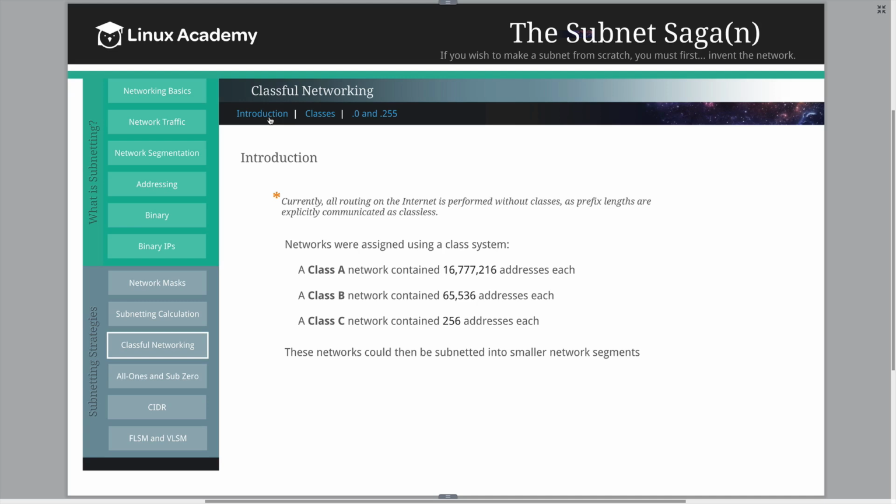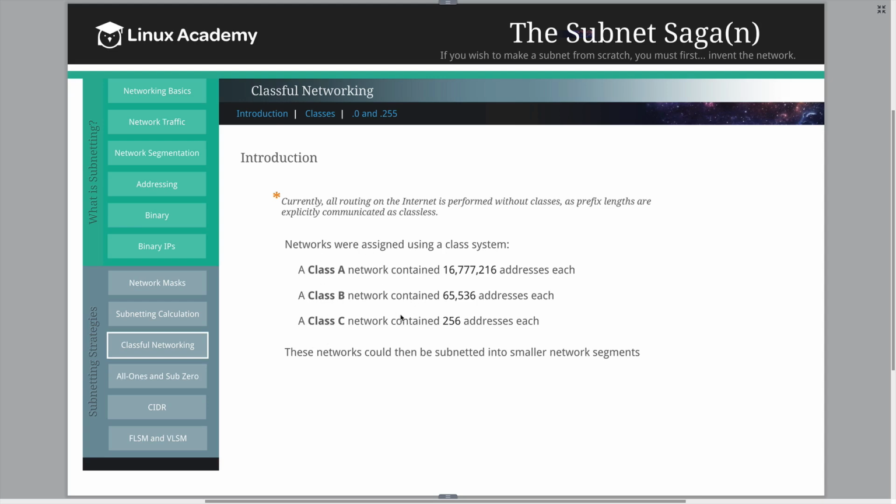And it really went back to how to assign organizations blocks of public IP addresses. So a small company would get a Class C network, a large company would get a Class B network, and the largest of organizations would get Class As. And as you can see, there are pretty big jumps.